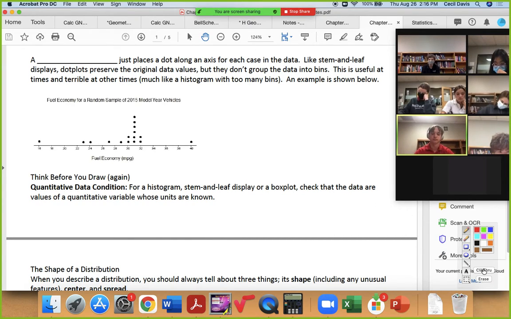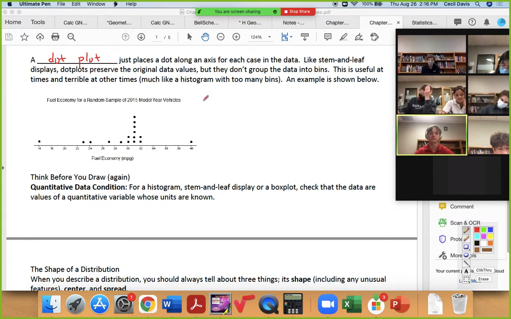So the next one we're going to look at is one that we have not done before, a dot plot. A dot plot just places a dot along an axis for each case of the data. Again, one of the nice things about a dot plot is it doesn't lose any of the data.